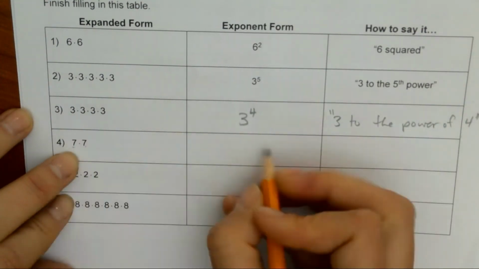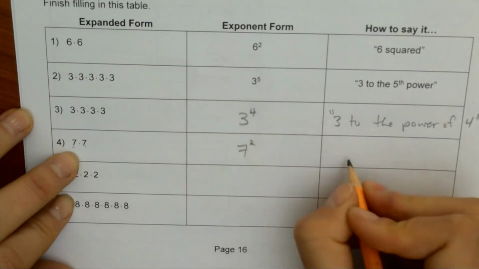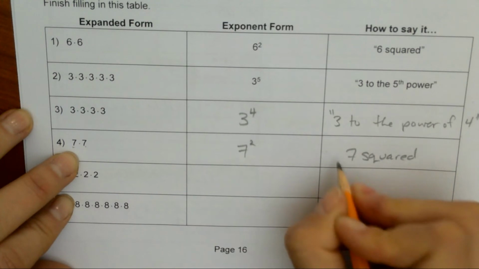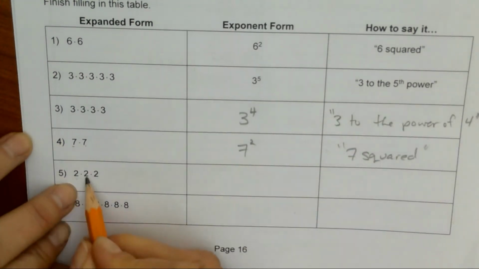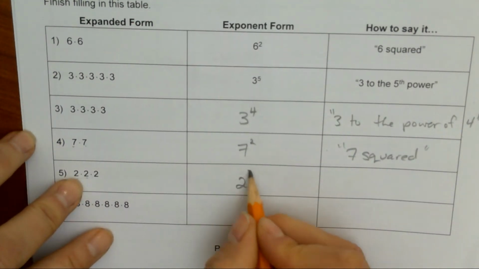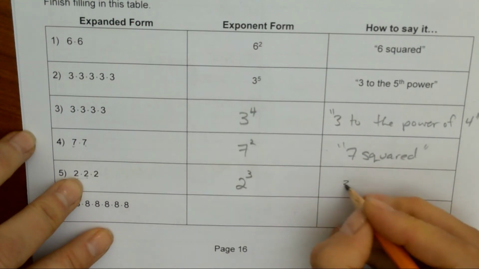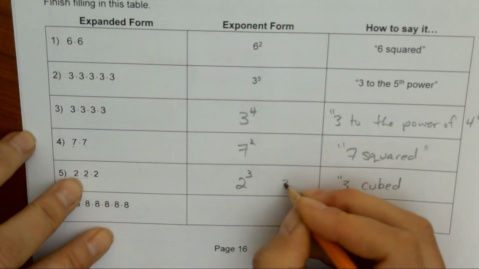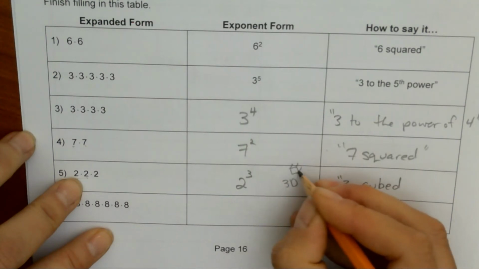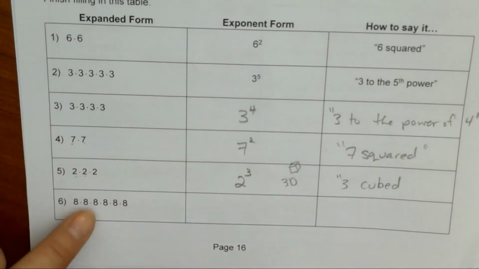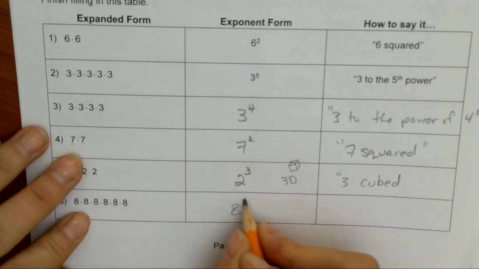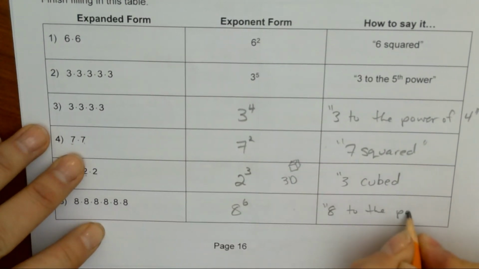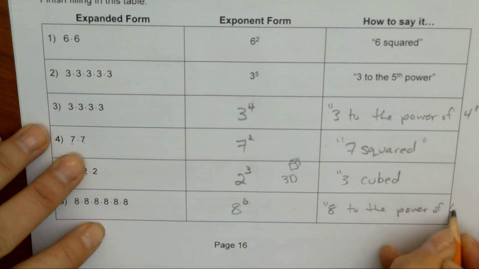We can say 7 to the power of 2, or we can say 7 squared. And here there's 3 2's, so I can go 2 to the power of 3, or I can say 2 cubed. 3 is like 3D, so it's cubed. 8 to the power of 6.